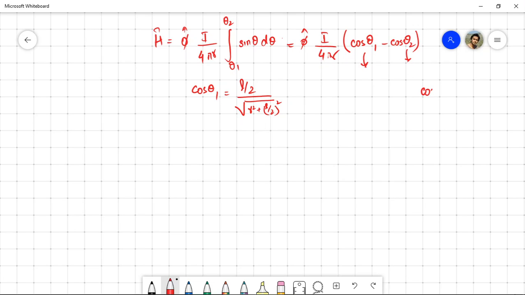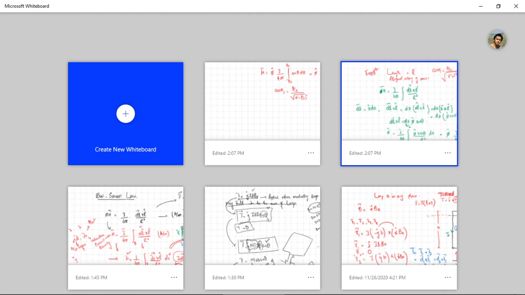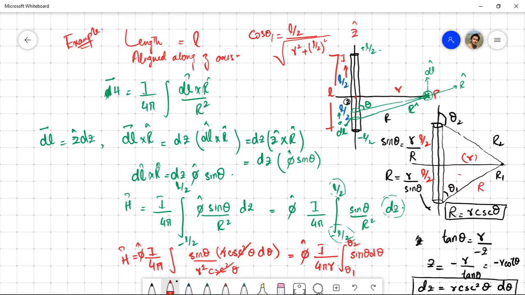If we want to extrapolate the value of cos theta 2, we have to take a look at what theta 2 actually is. Once again, we'll have to move back. Okay, so if we equate this theta 1 and this theta 2 together, we'll see that this is an equilateral triangle.